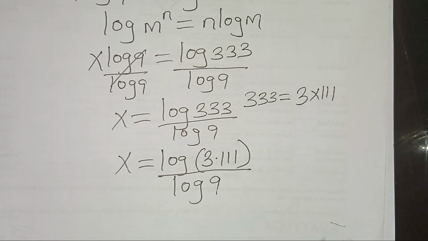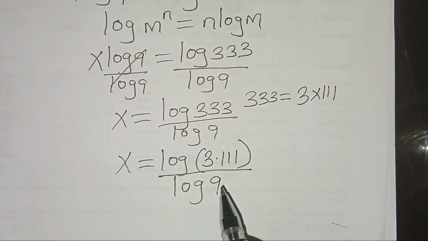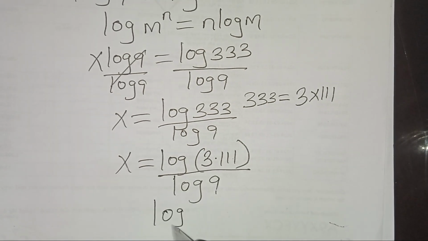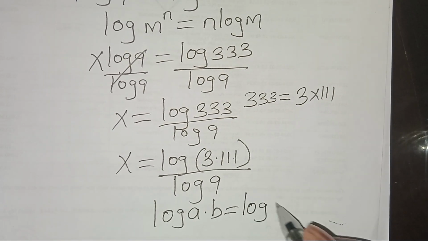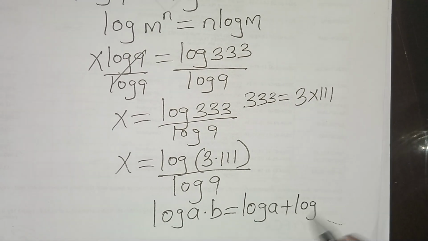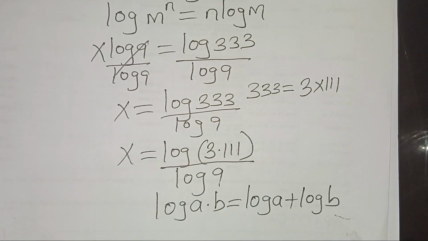So the next step here, log 3 times 111, this is actually in the form of log a times b, which we can express as log a plus log b. So let's proceed from here.